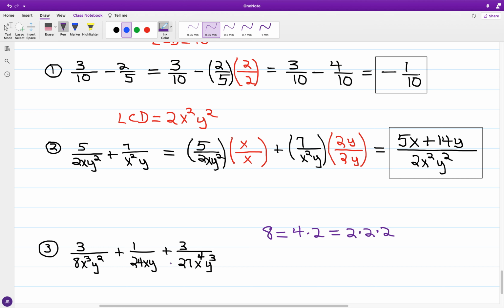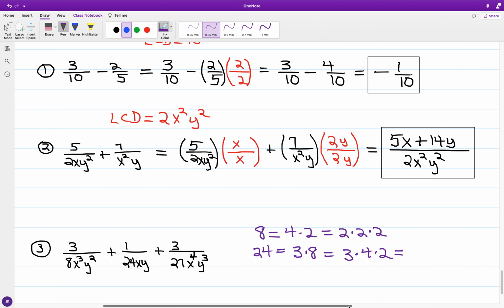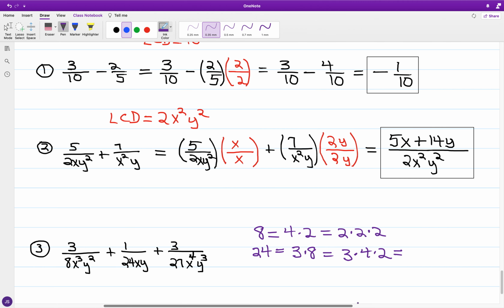And with the number 24, you see we have a combination like 3 times 8. Now 3 is a prime number, and again, prime numbers are those natural numbers whose factors will be 1 and that number itself.